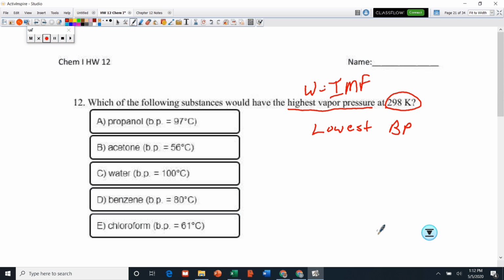All right. So let's look at these. Propanols 97 and 100. Those are higher than this one. So I'm going to say that acetone is it because it has the lowest boiling point.